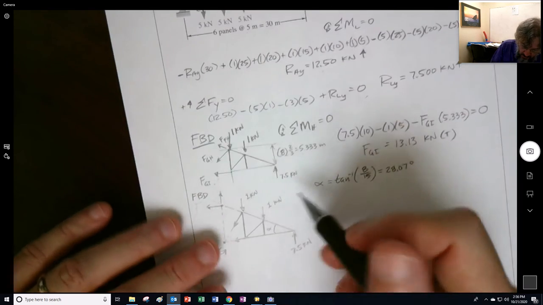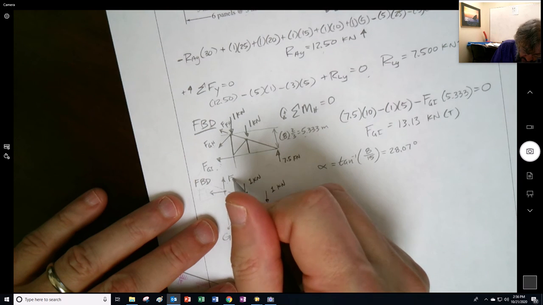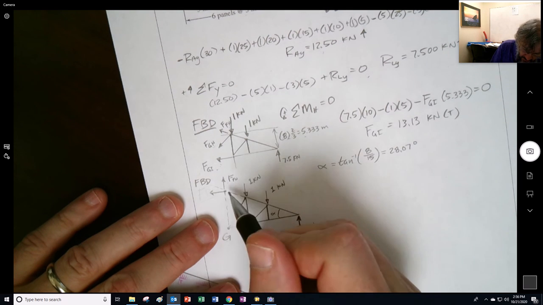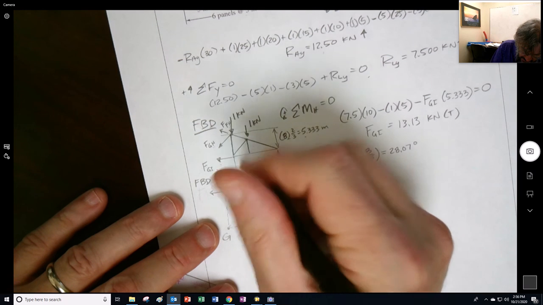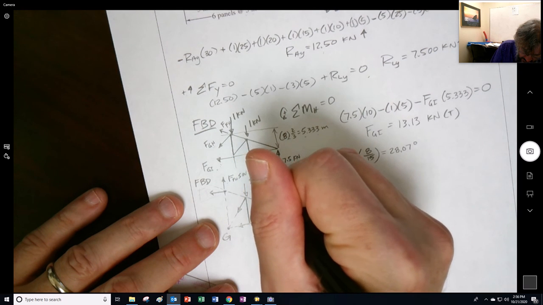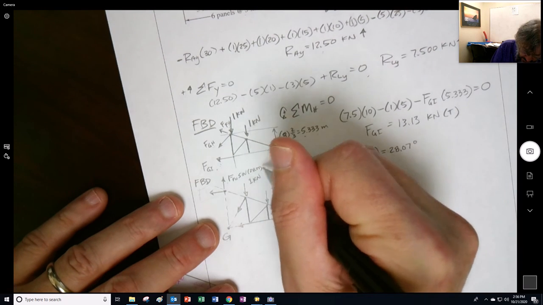And okay, so what this is going to be up here, this is going to be FH, but it's going to be times the sine of 28.07 degrees.